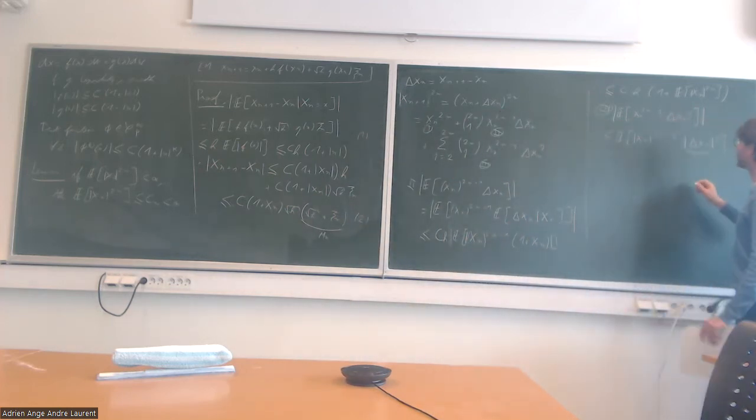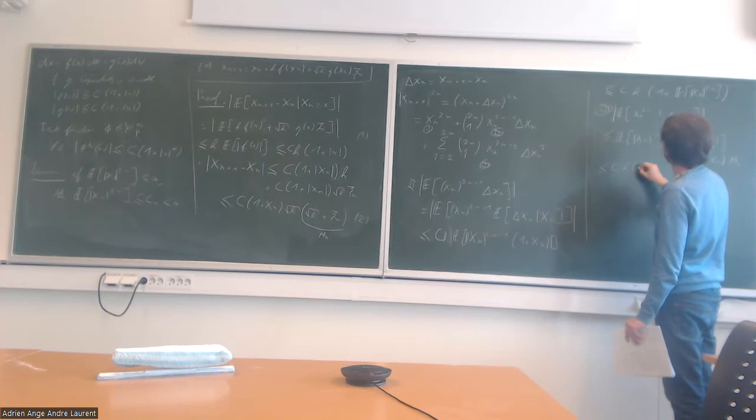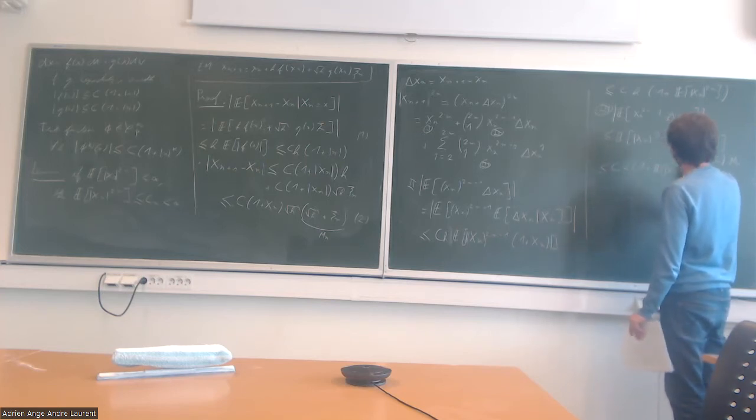So when I take the expectation, I have this C times h, because it's root of h to the power at least 2, and then you have Mn that has bounded moments. So in the end, you find C h times 1 plus the expectation of xn to the 2m.